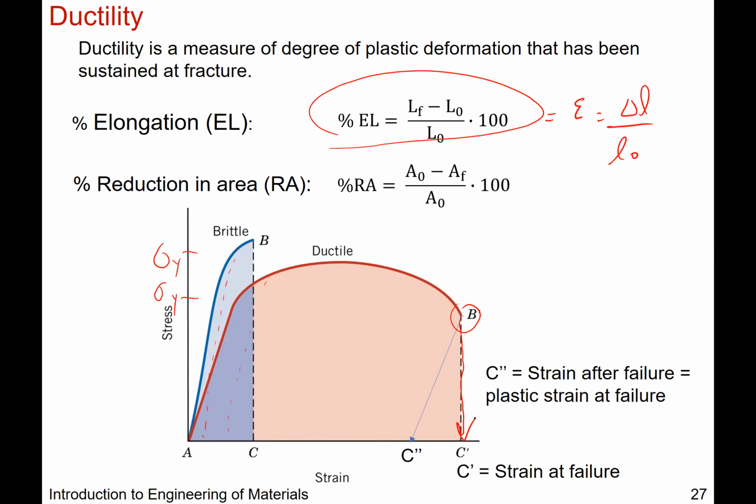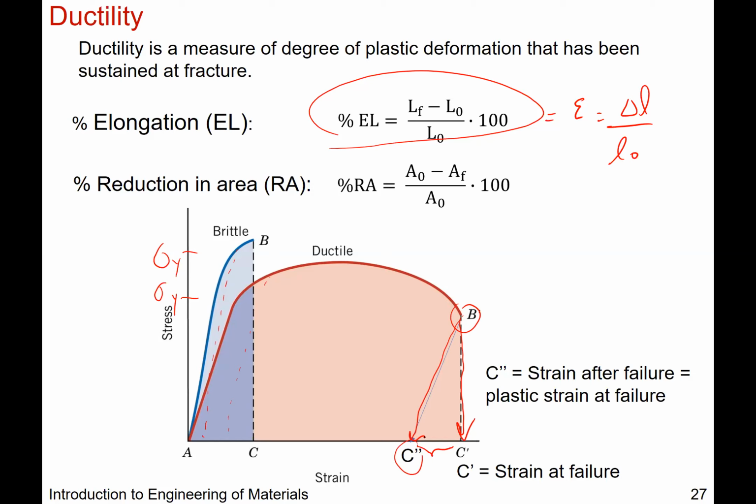But when you release the material, let's say the material fractures, there's some component of elastic recovery, that part here. If you read the value off of the x-axis there, that's the plastic strain at failure, because you recovered some of the elastic region right at failure.